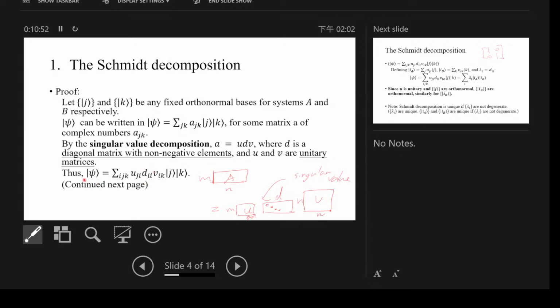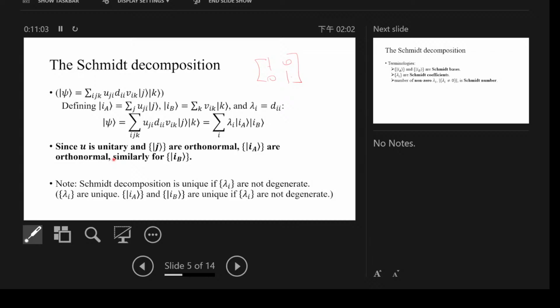Now we have three indices, and as we always like to do, we want to change the order of summation. We have a sum over I on the outside, and now we want to sum over JK to get rid of those indices. What's nice is that only this part depends on J and only this part depends on K.